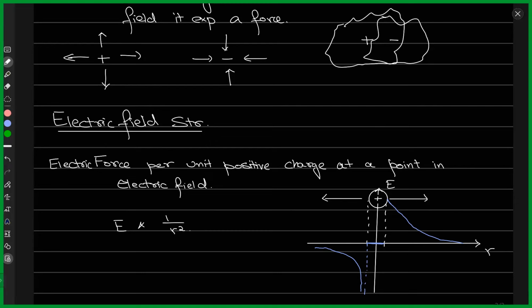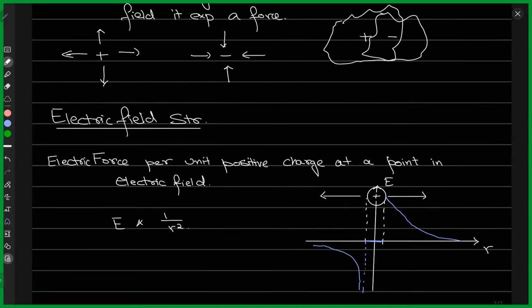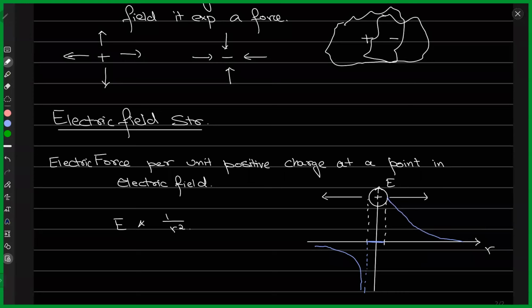And so the electric field from any charge, for example, I'm going to draw a charge over here, and whatever charge this is, suppose it's Q, there will be some electric field around this charge. Now, the bigger the charge is, the stronger the electric field it will generate.